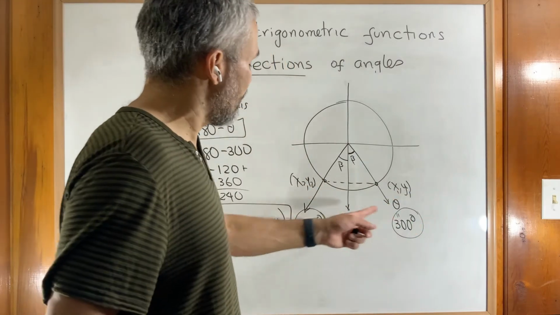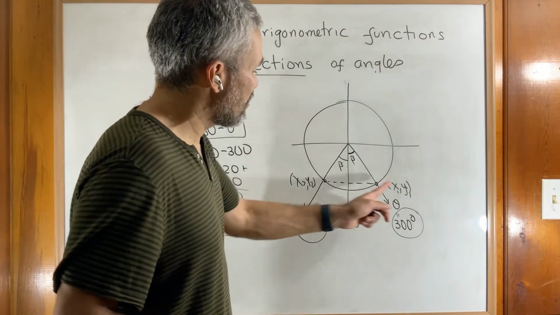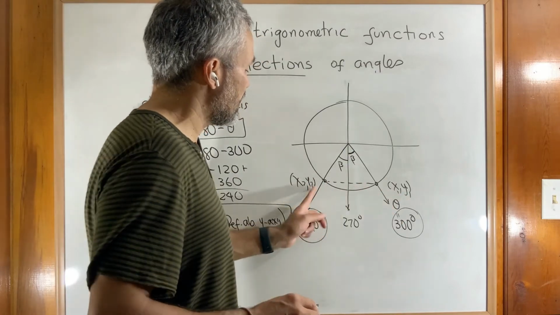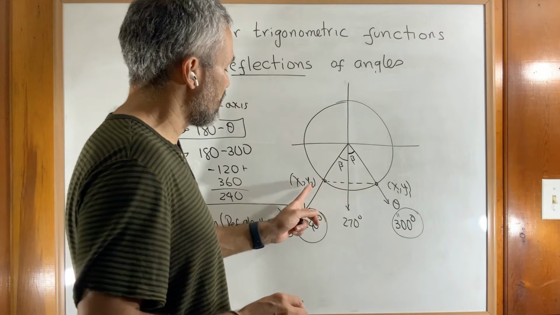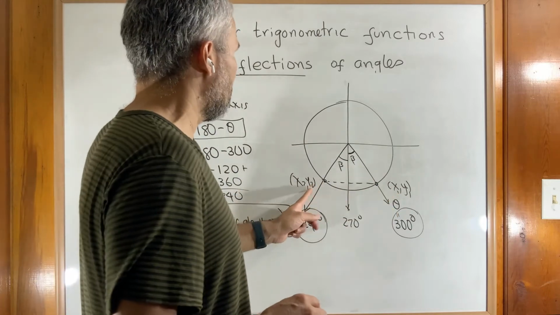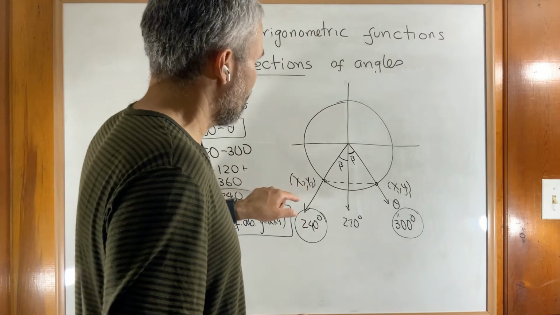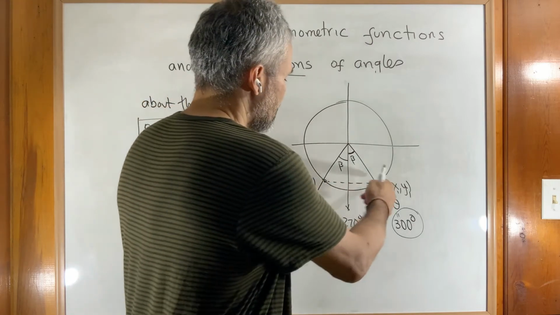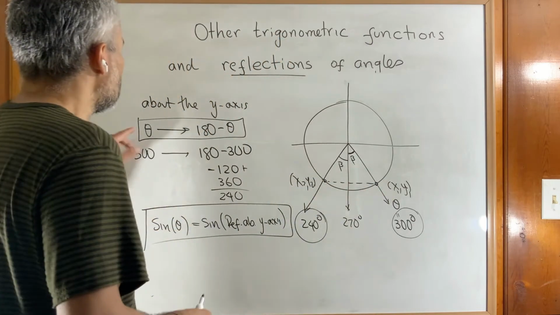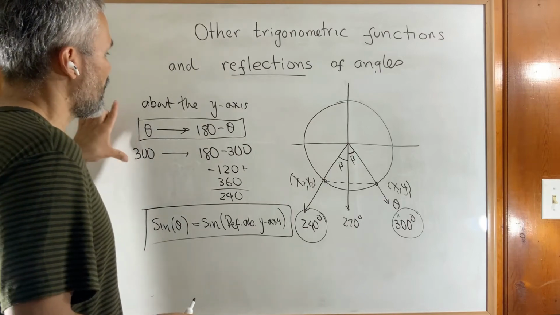When you do the reflection about the y-axis, the values for y are the same. Remember that we're in the unit circle. That means that the sine of this angle and the sine of this angle are the same. The cosine changes, but the sine is the same. Okay, this is the reflection about the y-axis.